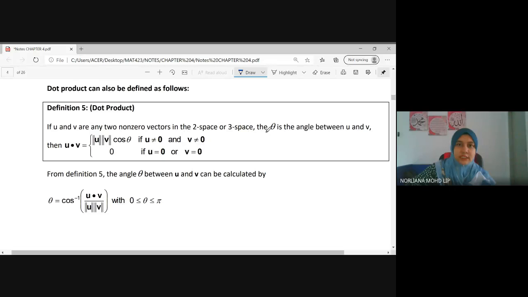Okay, we can use this formula. The angle theta is the angle between vector U and V. Then U dot V equal to the magnitude of U multiplied by the magnitude of V times cos theta.